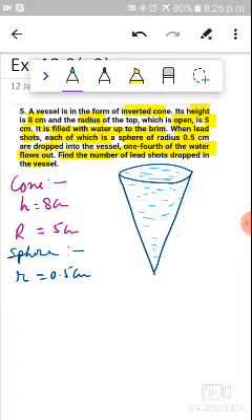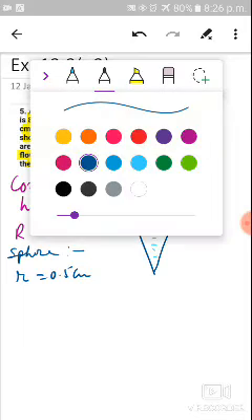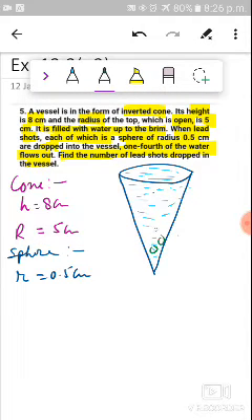Now when lead shots, each of which is sphere of radius 0.5 centimeter, are dropped into it. So spherical lead shots are dropped here. So when we drop lead shots here, what will happen? The water will fall out.